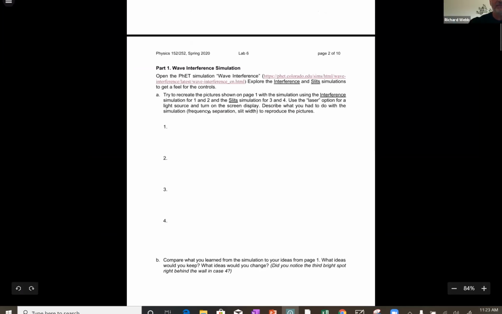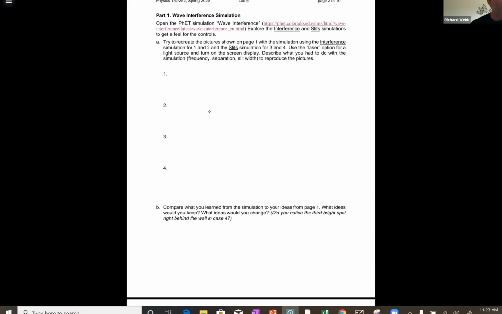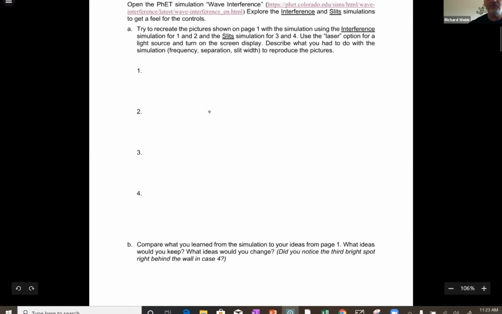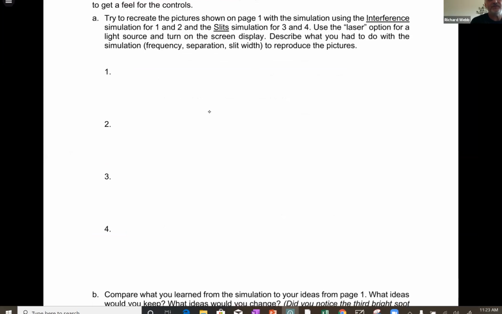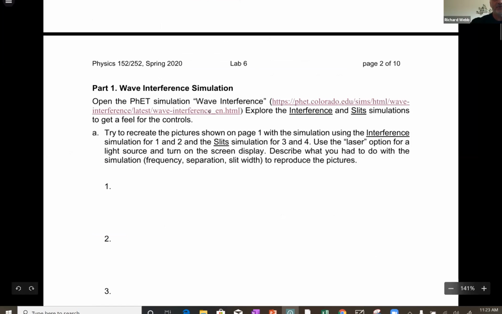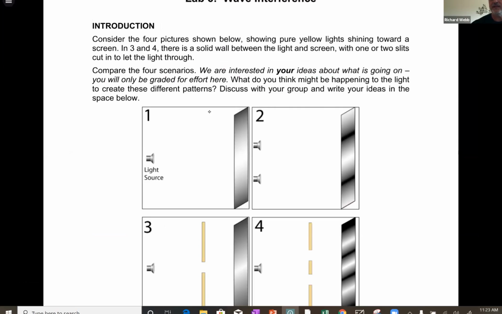So this first one: try to recreate the picture shown on page 1 with the simulation, using the interference simulation for 1 and 2 and the slit simulation. Use the laser option for the light source. First I'm going to have a single light source, and that's actually the really obvious one.